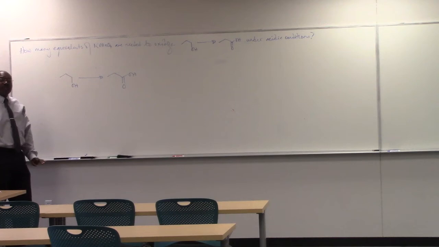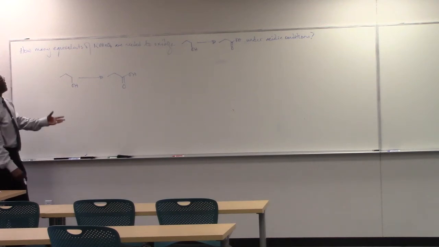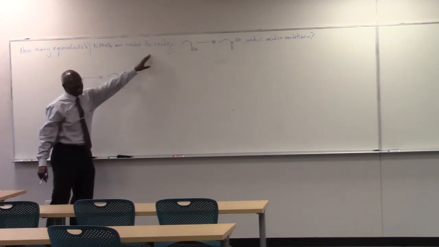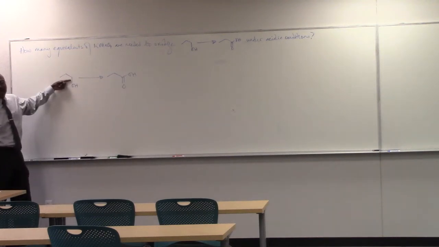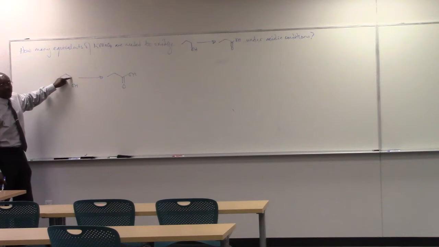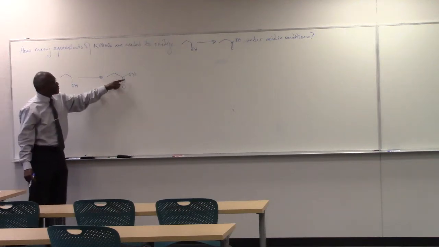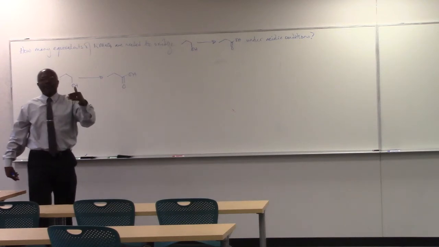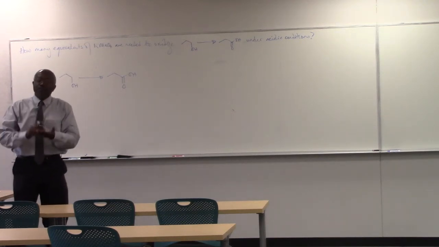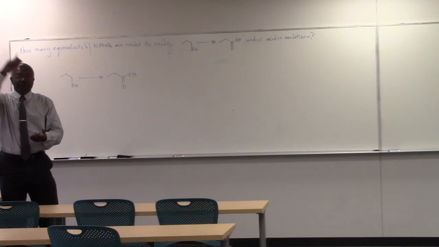Is that oxidation, reduction, or neither? Well, the question is telling us we're oxidizing, so that's kind of a giveaway. But I'm going from one bond to a heteroatom, and this carbon now has 3 bonds to heteroatoms. As we increase the number of bonds to heteroatoms, we are moving up the oxidation ladder.